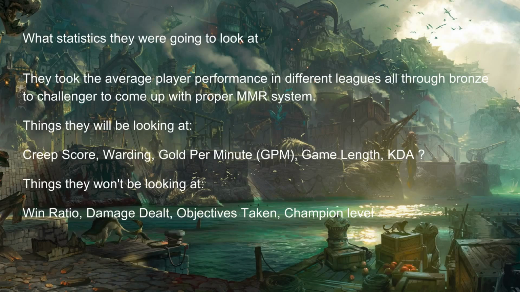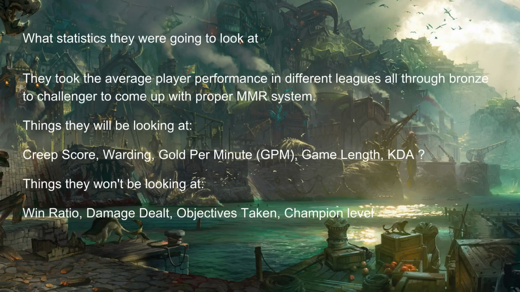KDA is another thing. Now I have a question mark next to KDA because there are reasons why it can be considered and reasons why it can't be considered. The reason why it can be considered is that a good KDA means that you knew how to play safe, you knew how to have an impact with your team and get a couple of kills under your belt, right?